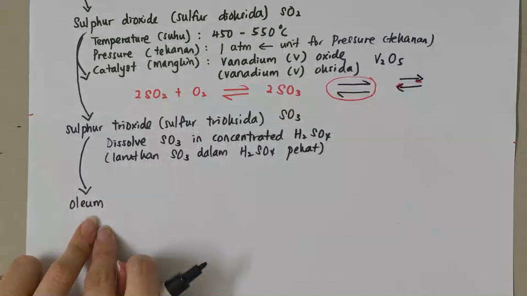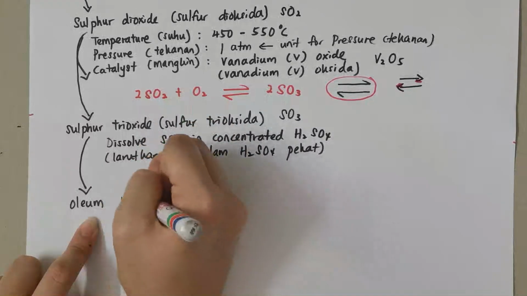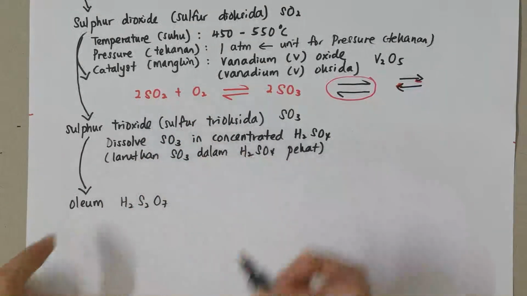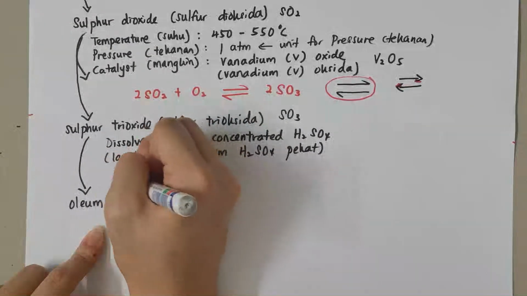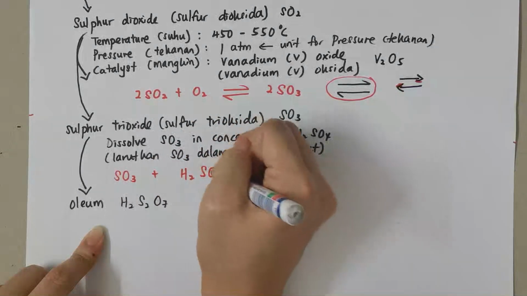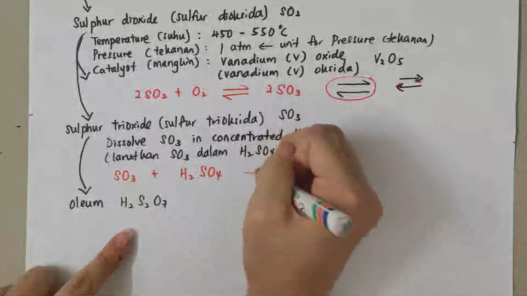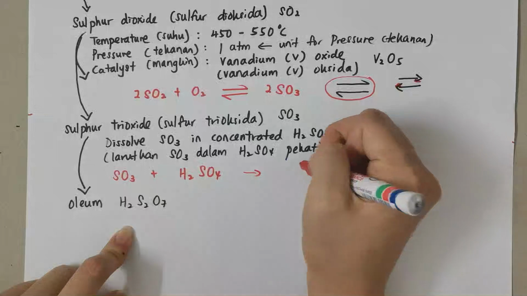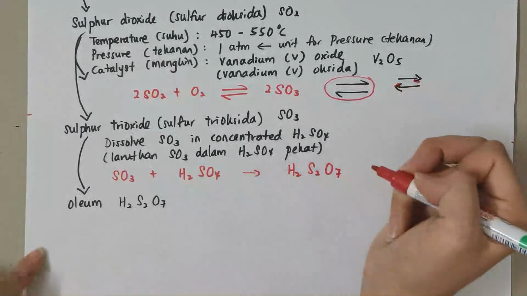Oleum, the spelling is the same in Malay and English. The formula for oleum is H2S2O7. So what is the chemical equation? Persamaan kimia: SO3 plus H2SO4 eventually becomes H2S2O7.